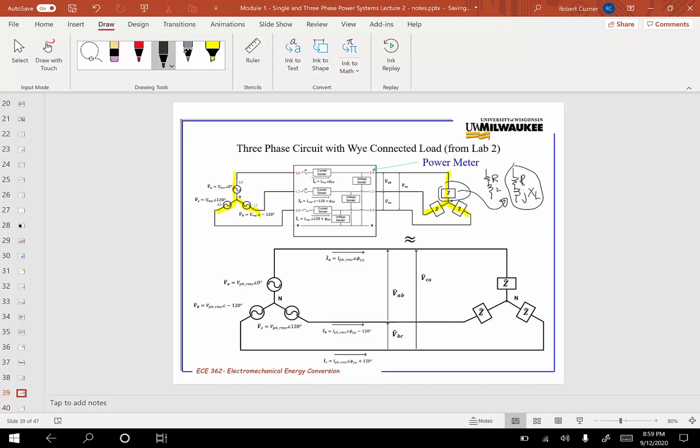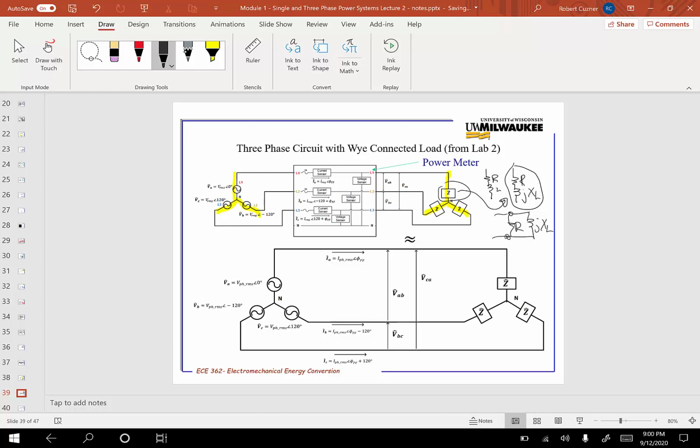It could be a parallel RL. It could have a capacitor in there even, or multiple branches. So it can be as complicated as you need it to be. I want to point out another thing.